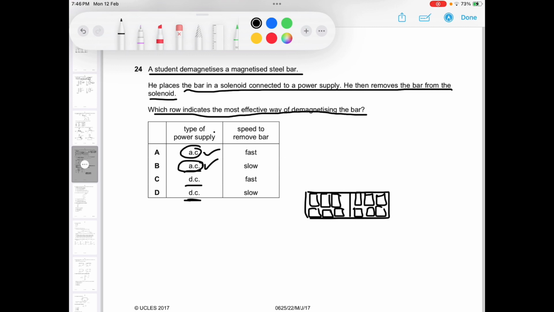When we put it through an AC current, the alternating current, it goes in one direction, then the other. So this mixes up the domains, and therefore it is no longer a magnet. Speed to remove the bar needs to be really slow. So the answer here is B.